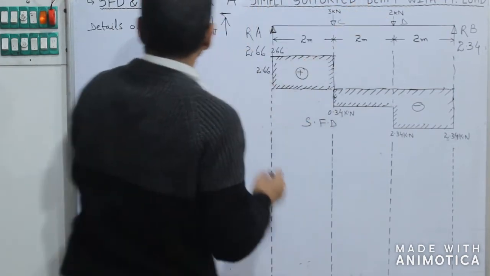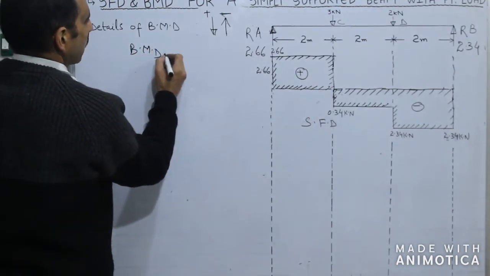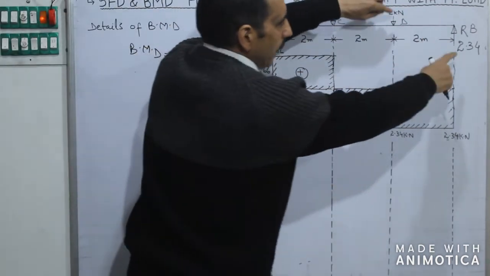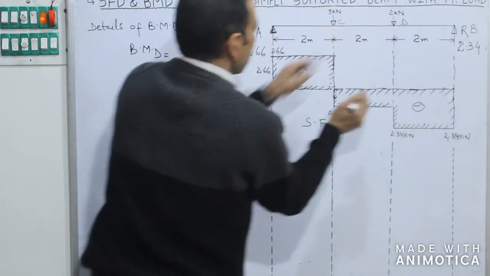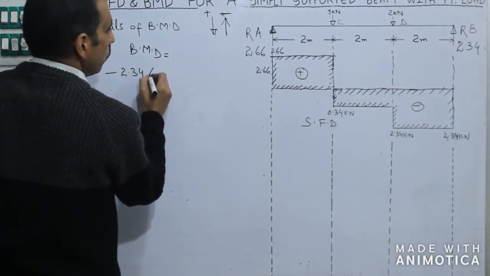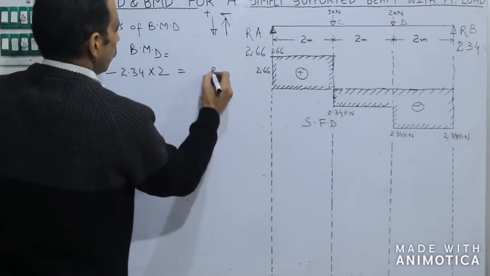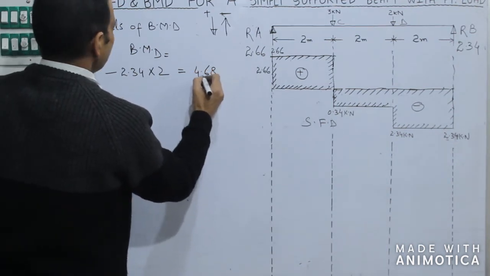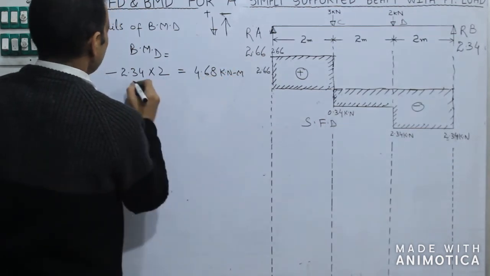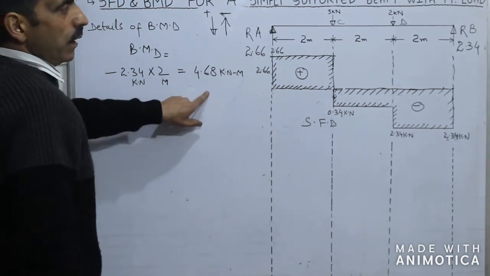We will calculate bending moment at D. From this side, it is minus 2.34 into 2, right? It comes 4.68 kilonewton meter, because this is kilonewton and this is meters.